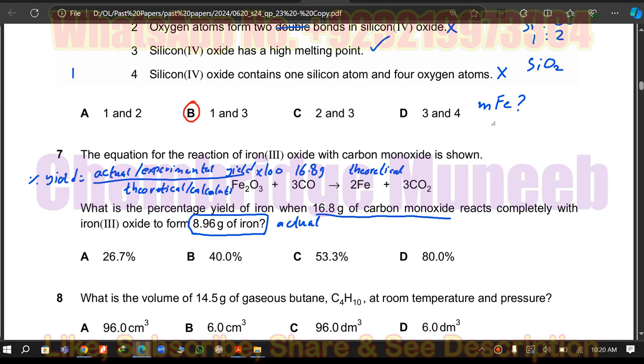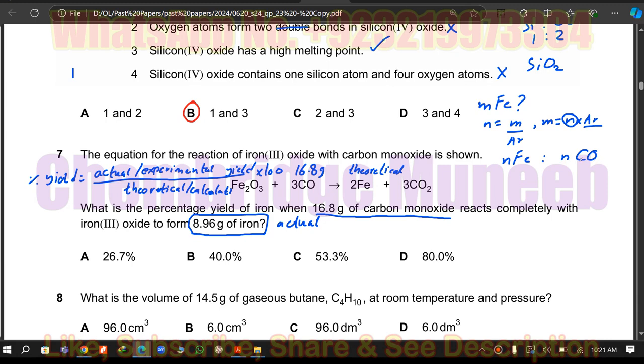For this purpose we need to use this formula, where number of moles is calculated by the mass over relative atomic mass, and this mass becomes n times Ar. We can use this Ar from the periodic table, but we do not know the number of moles of iron. So to find the number of moles of iron, we need to use the ratio method here, the number of moles of iron versus the number of moles of carbon monoxide.